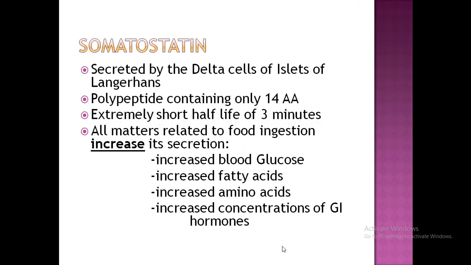Somatostatin is another hormone mainly concerned with the GIT but also has some effects regarding the blood glucose level, fatty acids and amino acids. It decreases the blood glucose level, fatty acids and amino acids level, and also decreases the concentration of GIT hormones.